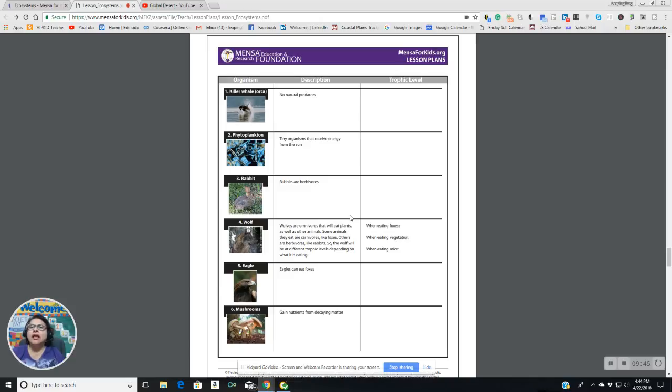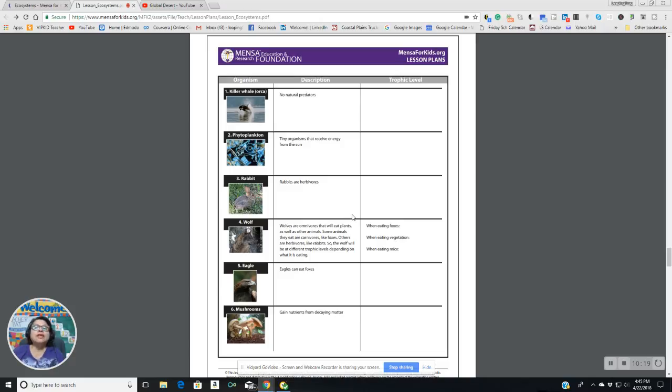I have a parent who collects these lids for me, and they were able to draw the different food pyramid for that particular animal. And I will hopefully get this to show towards the end of this video so you can hear the children tell me what was eating what. And they really liked this. And like I said, I did this from grade 2 to grade 5, and they all did wonderfully with this.